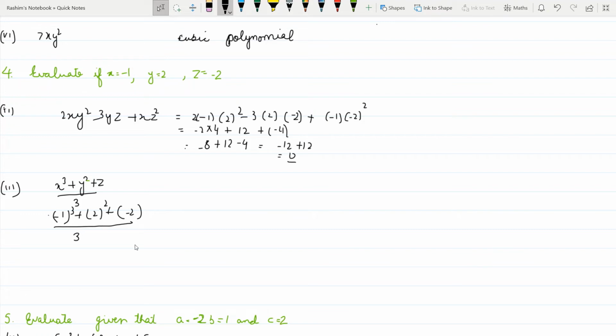So we get -1 plus 4 minus 2 upon 3. So -1 -2 is -3, plus 4, upon 3. So we get 1 upon 3 as the answer. I hope you have understood this.